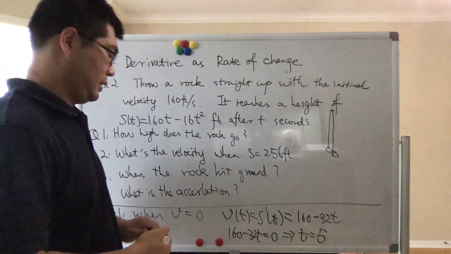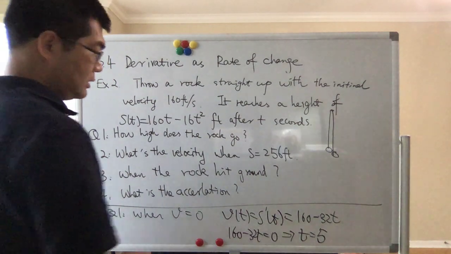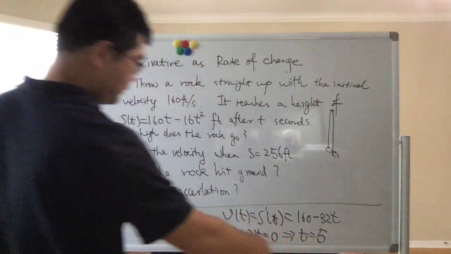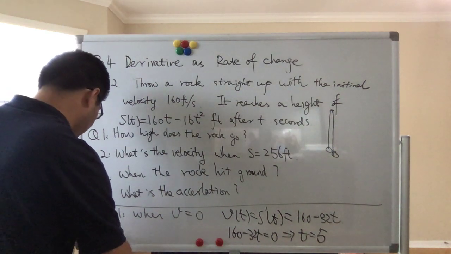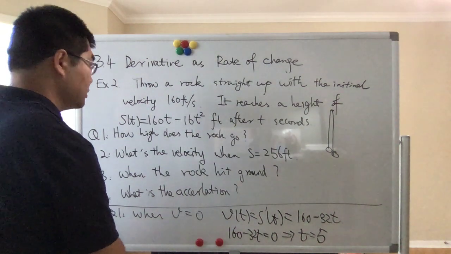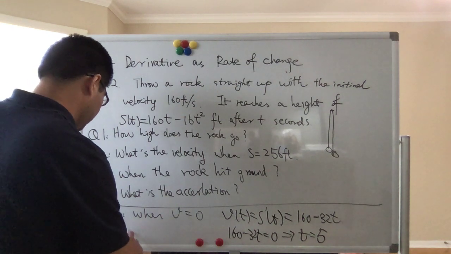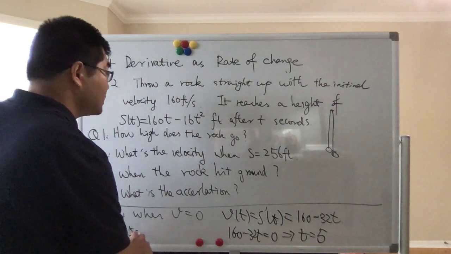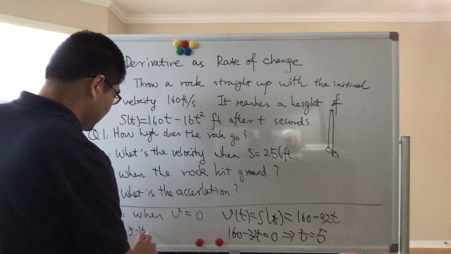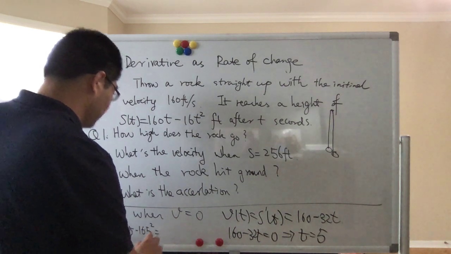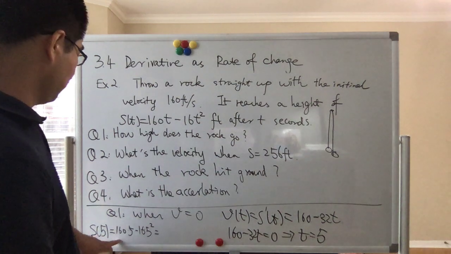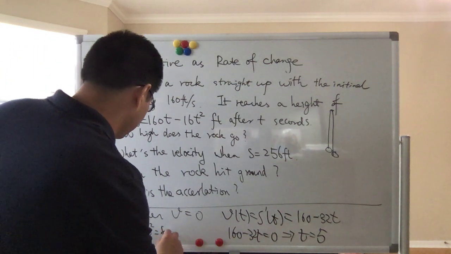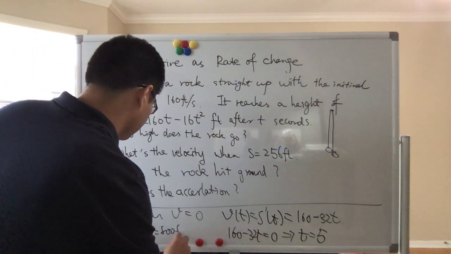We can plug t equals 5 into s of t. So s of 5 equals 160 times 5 minus 16 times 5 squared. Is this going to be 800 feet?